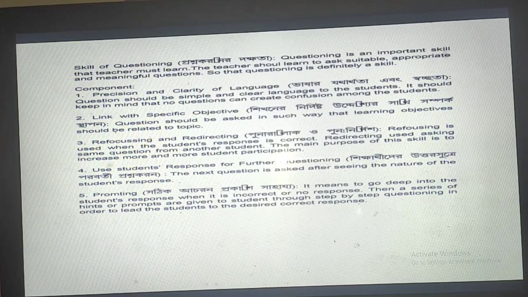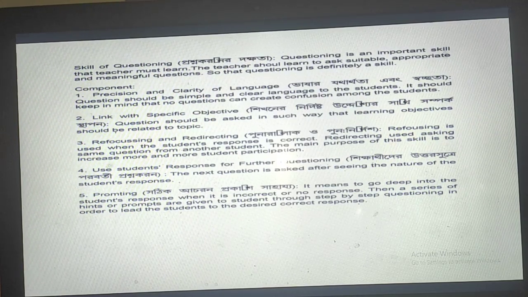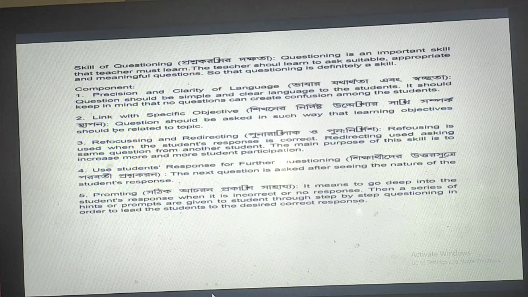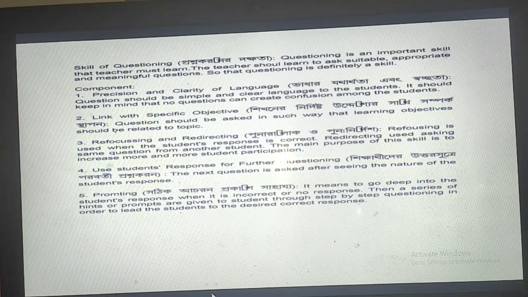The mentor gives you some hints. Through these hints, you try to find the correct answer. These are called prompting. That's why it is mentioned that it means to go deep into the student's response when it is incorrect or no response.